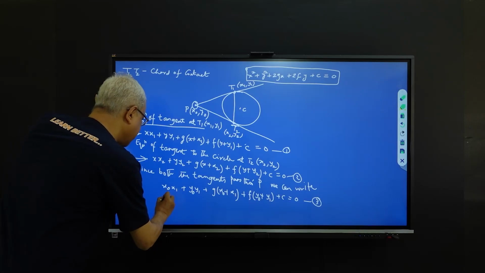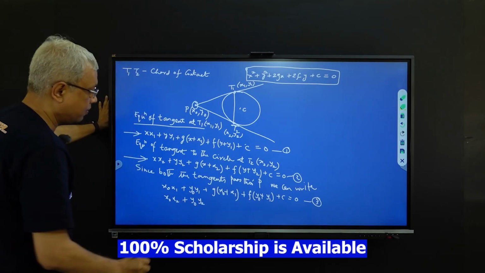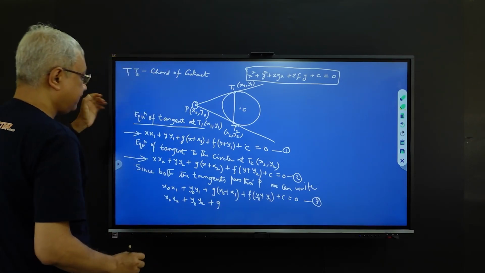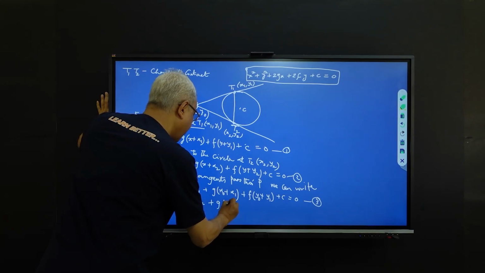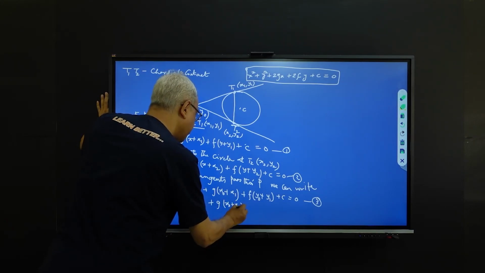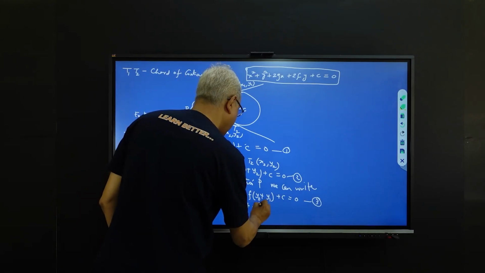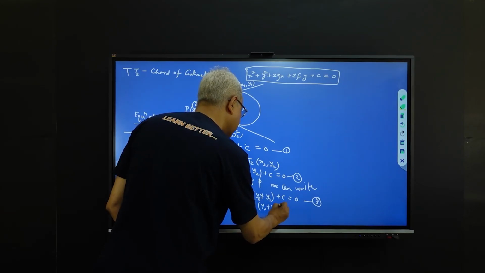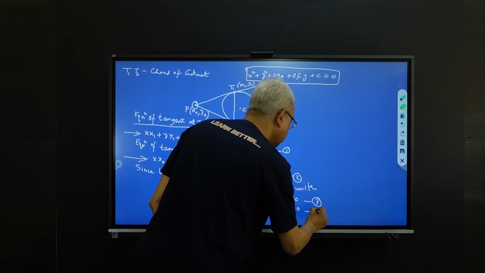So I can write x0 x2 plus y0 y2 plus g(x0 plus x2) plus f(y0 plus y2) plus c equal to 0. This is relation number 4.